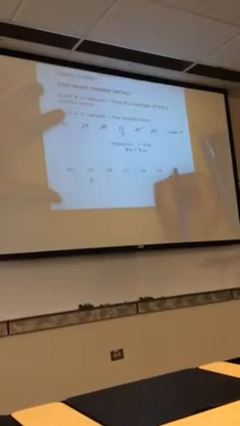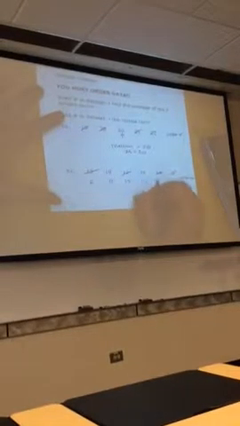For this next one, we first ask ourselves, are they in order? No, they're not, so we have to put them in order first. So 2, 11, 13, 14, 16, 18.